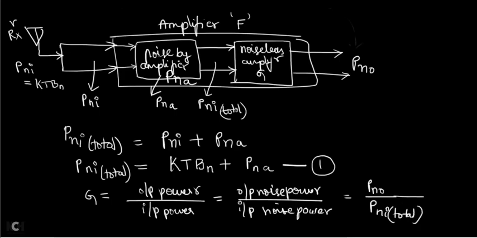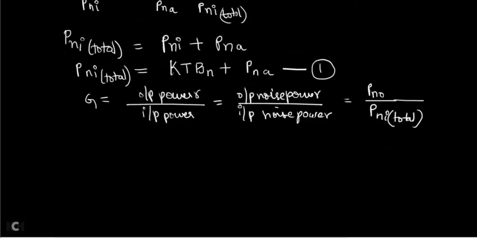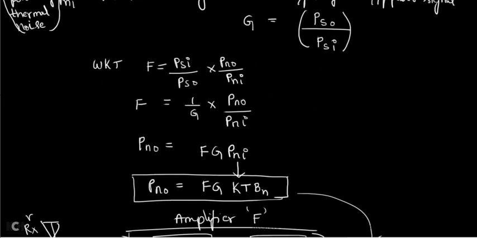Now what is the expression for PNI total you got? PNI total is PNO divided by capital G. What is PNO? You derived it from the previous expression: FGKTBN. This is the output noise power of the amplifier.